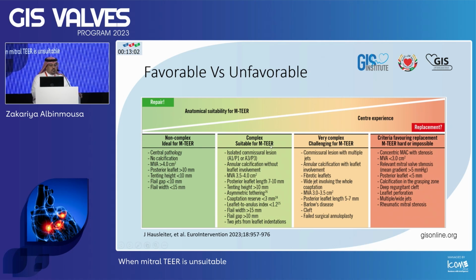But it will be difficult to find such a patient all the time. With your experience, you might be able to go toward the right of the table. So even if those are non-favorable, if you have the experience, you might be able to do these cases.